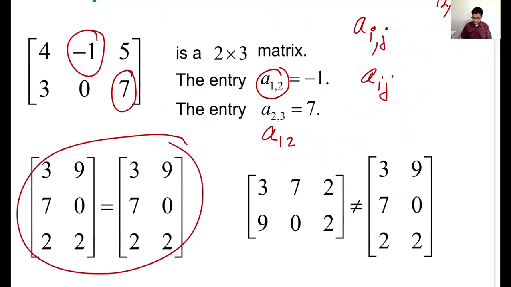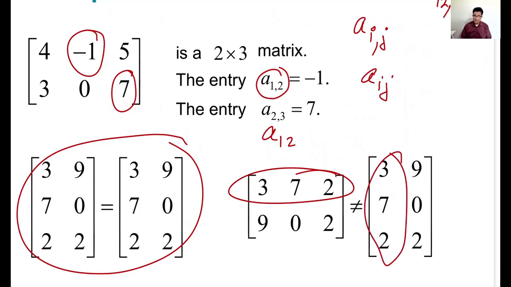Again, you see the exact same entries. You might even say the 372 and 372 are in a sequence. The problem is the dimensions themselves are not equal. On the left side, it is a 2 by 3 matrix. On the right side, it is a 3 by 2 matrix. They are not equal.